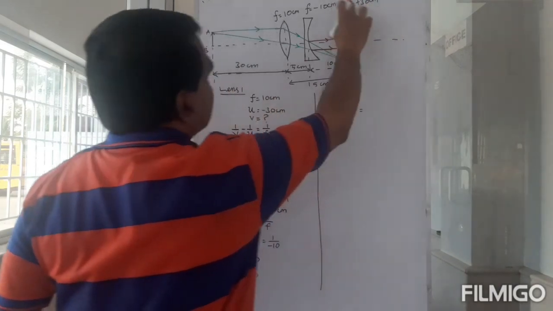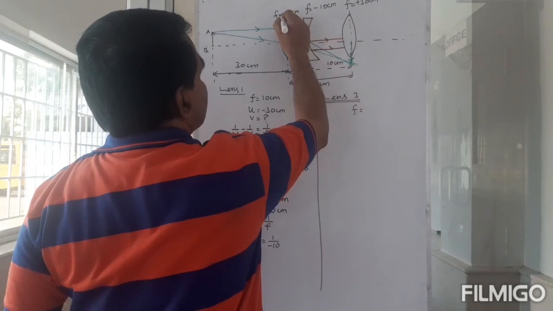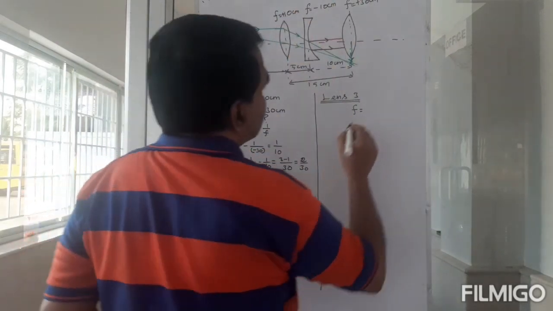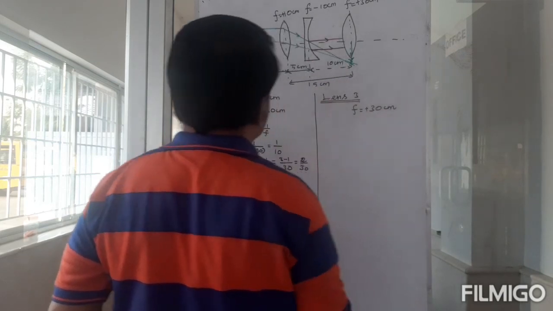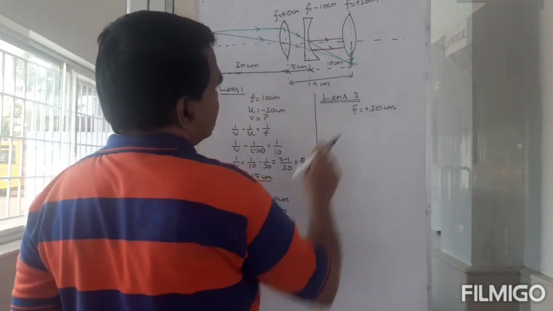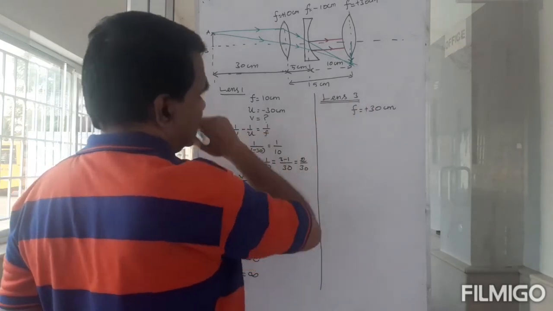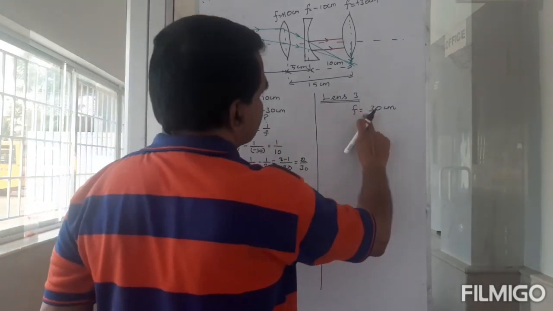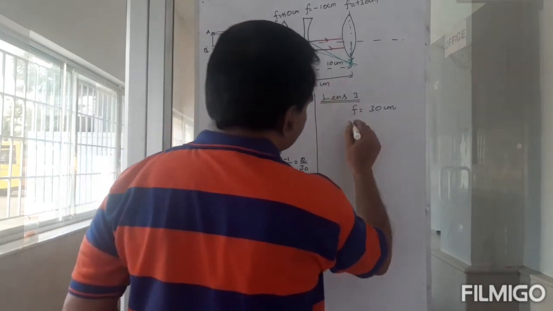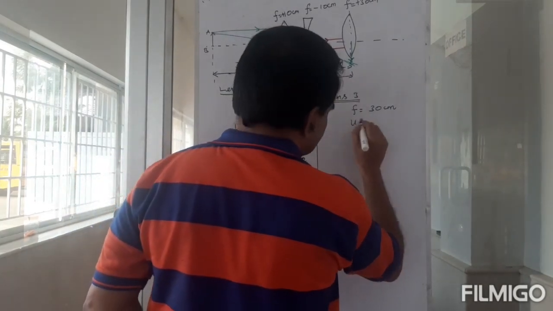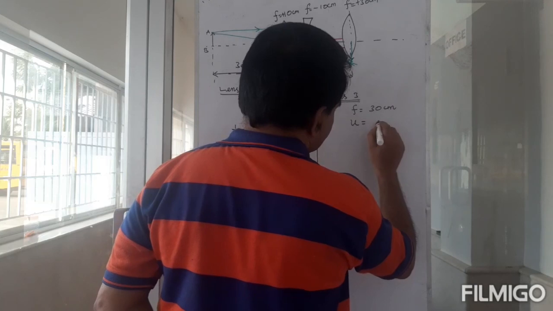It's a convex lens, so it's going to be plus 30 centimeters, just like plus 10 earlier. And its u is equal to infinity.